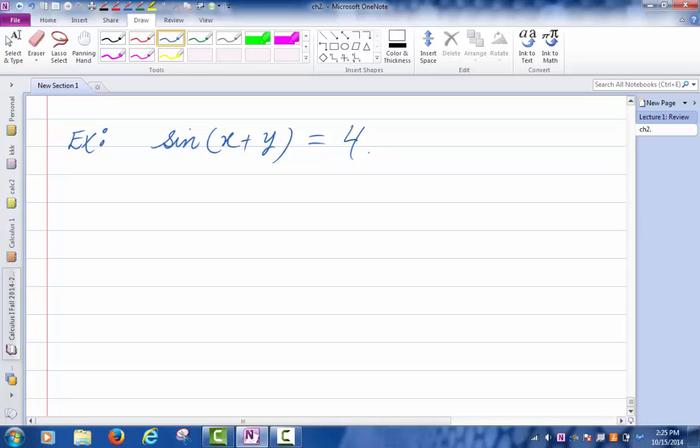But if I have this equation, you cannot find explicitly what y is. But if you look at the graph, there are parts of the graph where you can view y as a function of x. You just cannot find an explicit formula. Is that making sense?